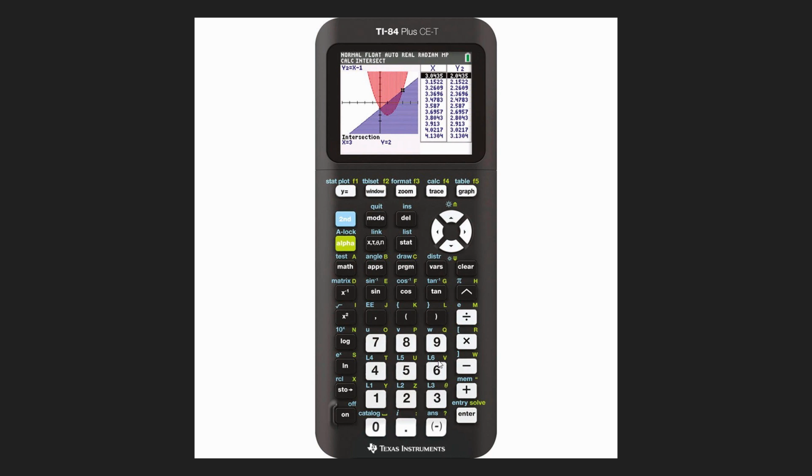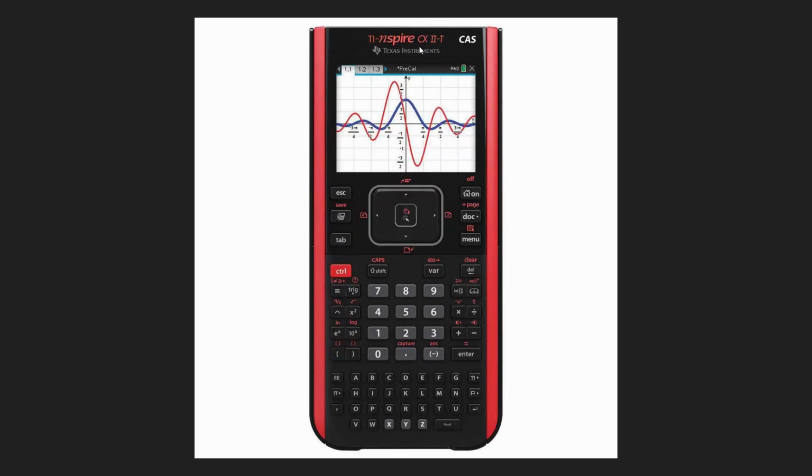So I would recommend you to have two different calculators. This one is for simple calculation. This Nspire CX2 CAS is for programming. So try to have two calculators.